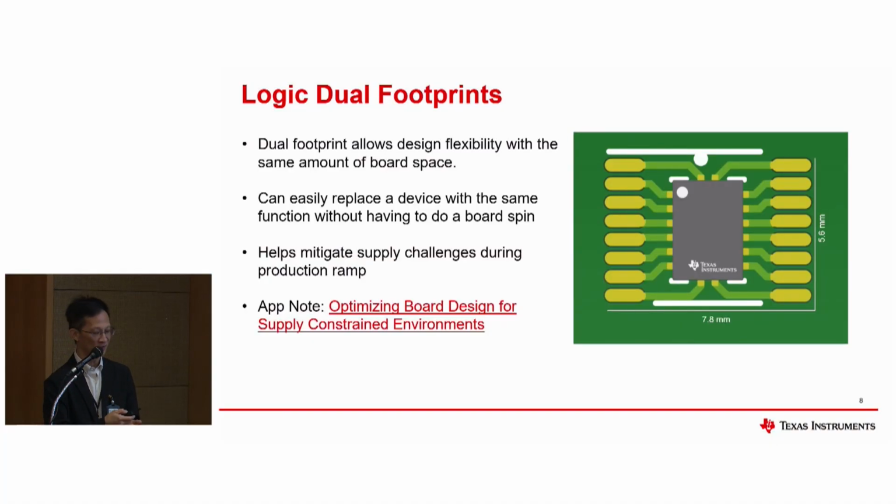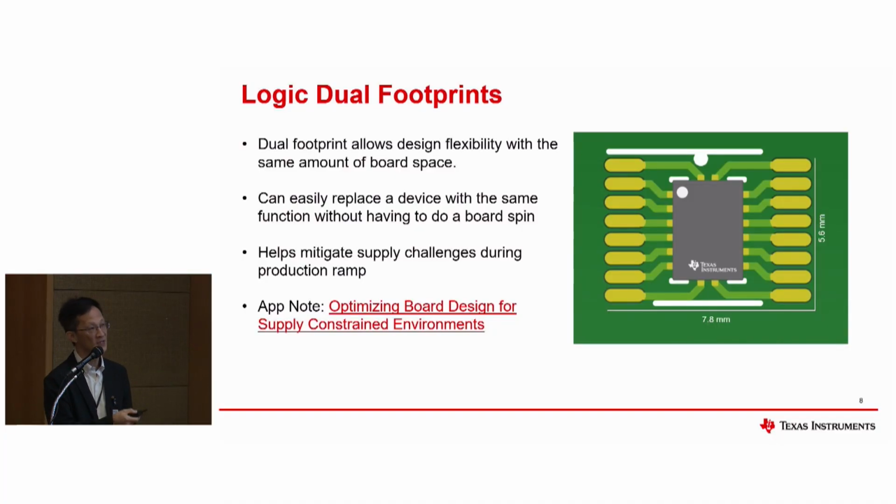One of the good things about this is in terms of shortage. In the old design, maybe you're using a TSSOP. Out of nowhere, there's a TSSOP shortage. What you can do is quickly change to your SOT package, because there's no need for you to change the PCB at all. So this is what we mean by a dual footprint.